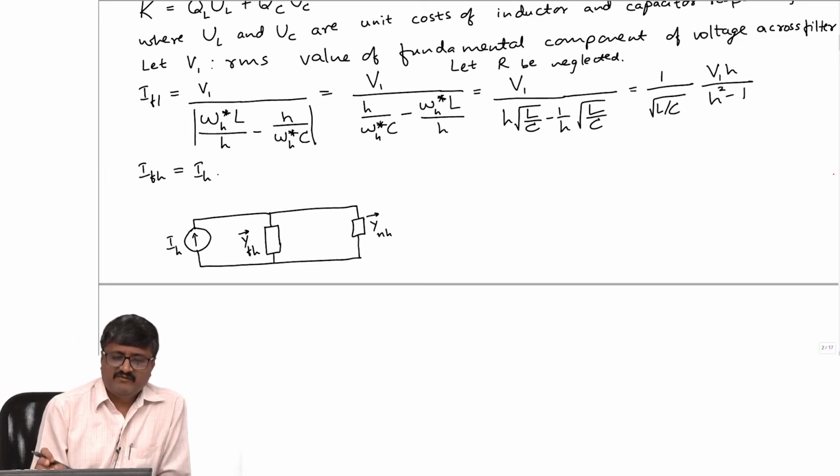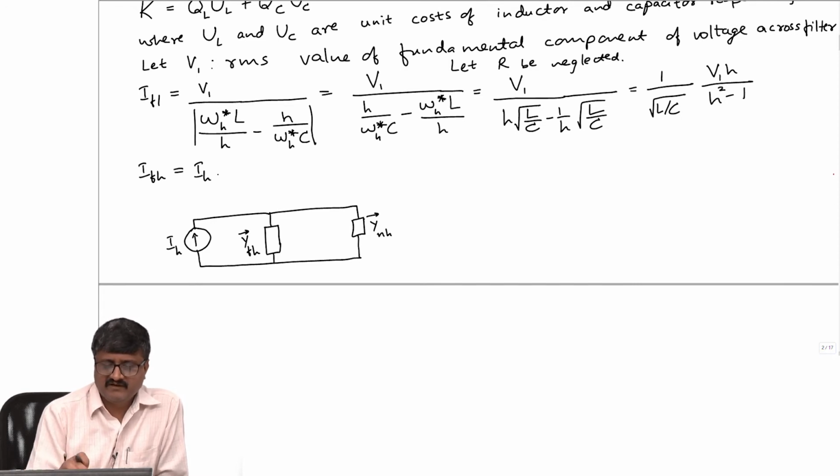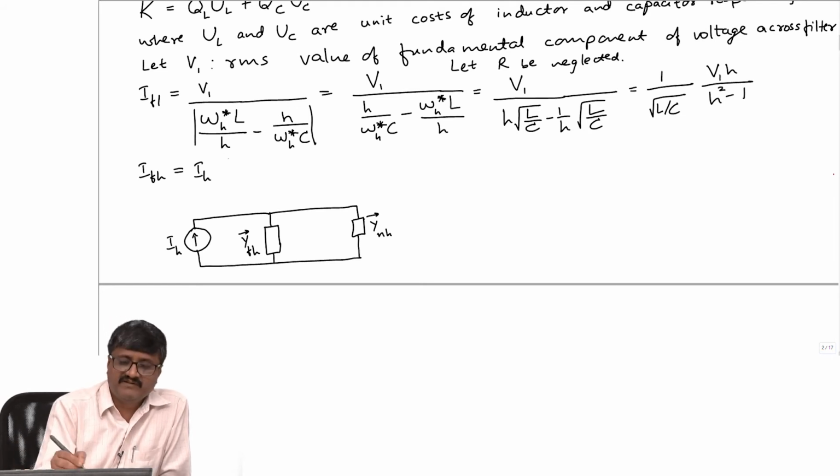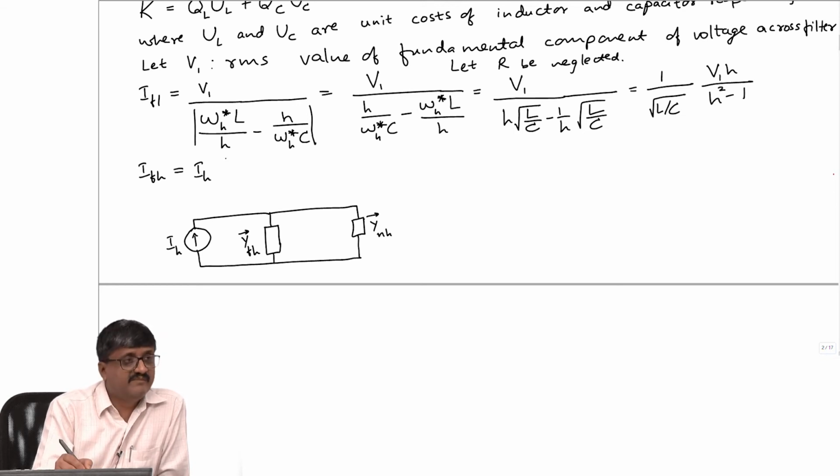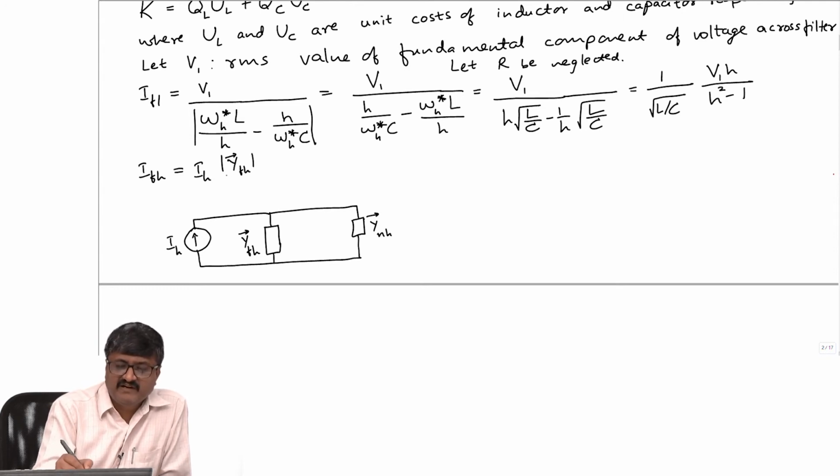You have to just take all the voltages across the current source or voltage across any of the admittances, they should be same. So the voltage magnitudes will be same if I write this as IFH equal to IH into magnitude of Y of H divided by absolute value of Y of H plus Y N H.